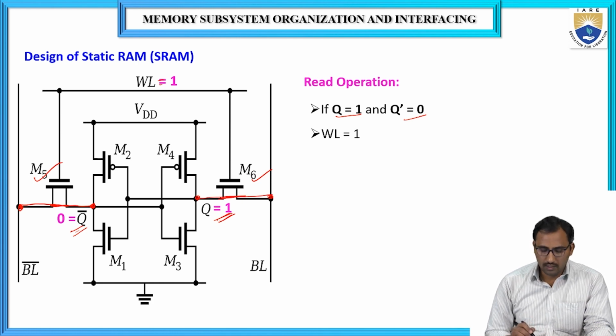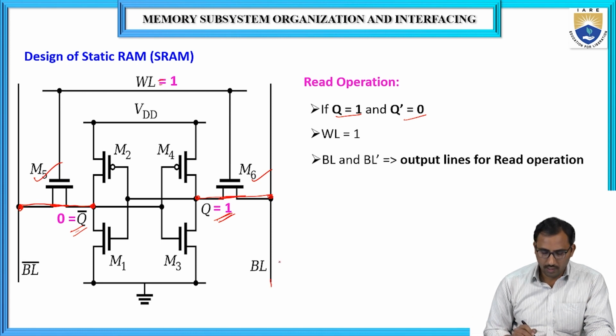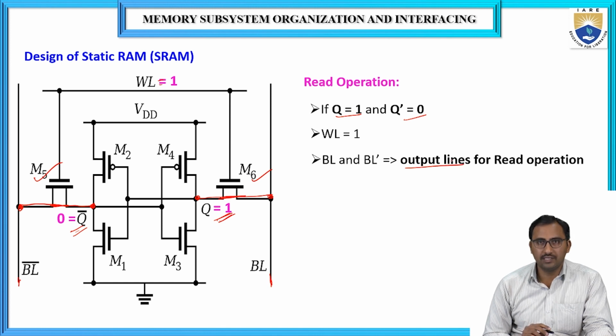So these two lines, BL and BL bar, will act as output lines because we are performing a read operation.